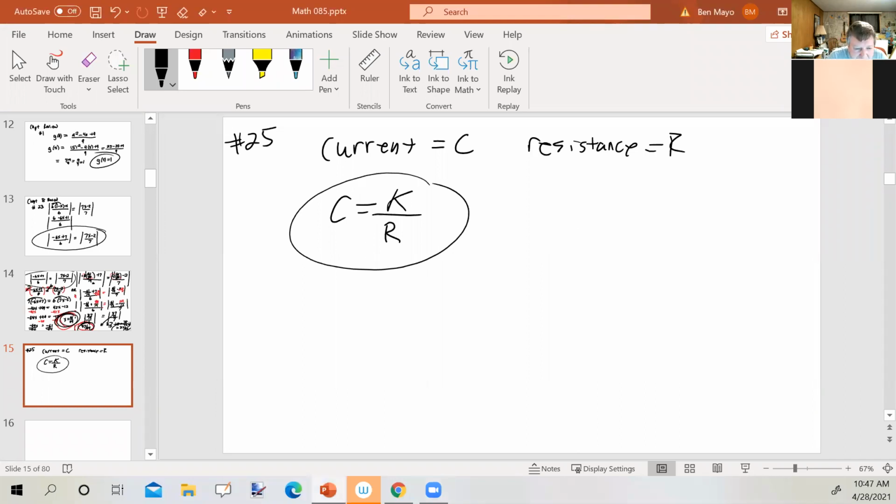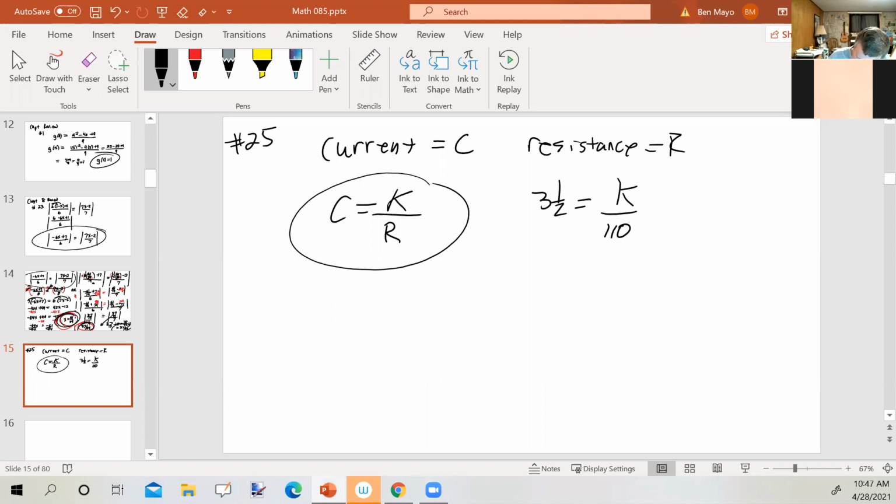Okay. It says if a certain circuit has a current of 3.5 amps when the resistance is 110 ohms, find the current in the circuit when the resistance is doubled. So we've got 3.5 equals K over 110.